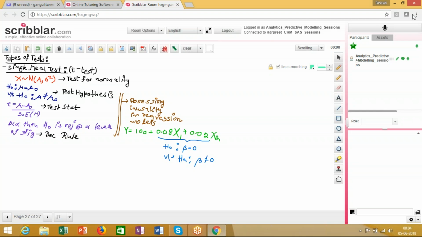We should do the single mean test, and say our test hypothesis is beta equals 0 versus the alternate hypothesis beta not equal to 0. The beta equal to 0 is the null hypothesis, and the idea of the null hypothesis is to check that beta is equal to 0, in the sense that whatever causality I can observe between x and y is only an observed causality.